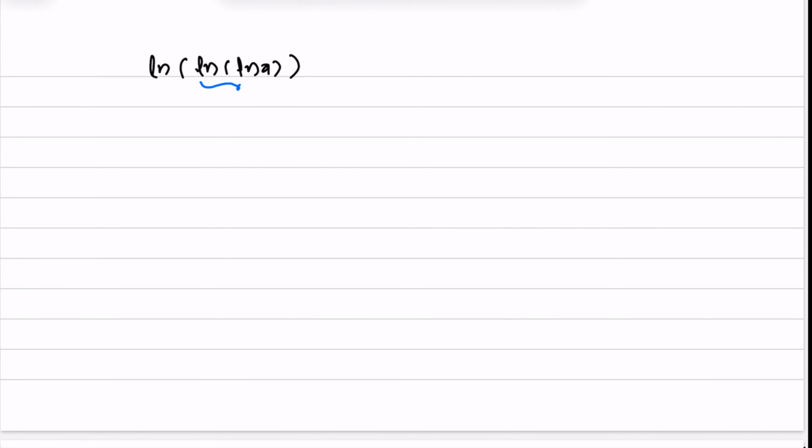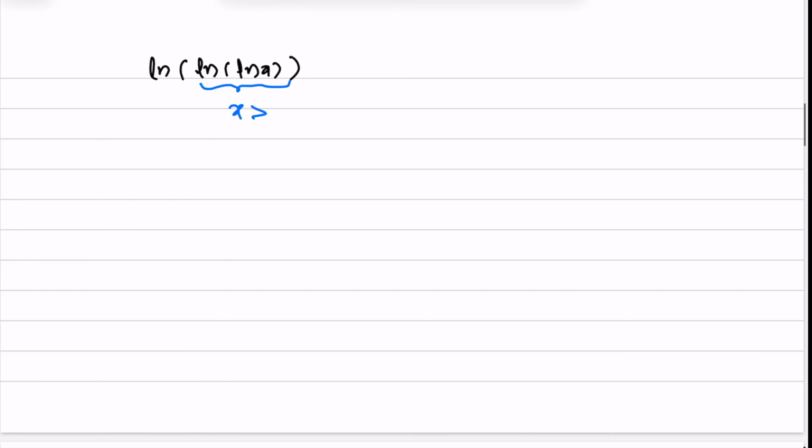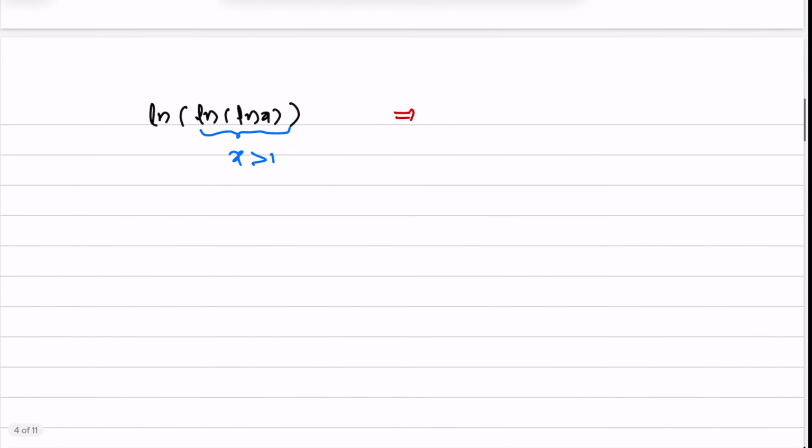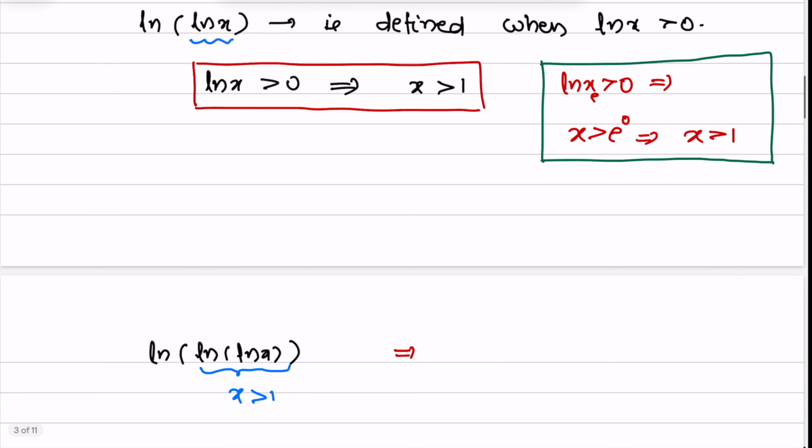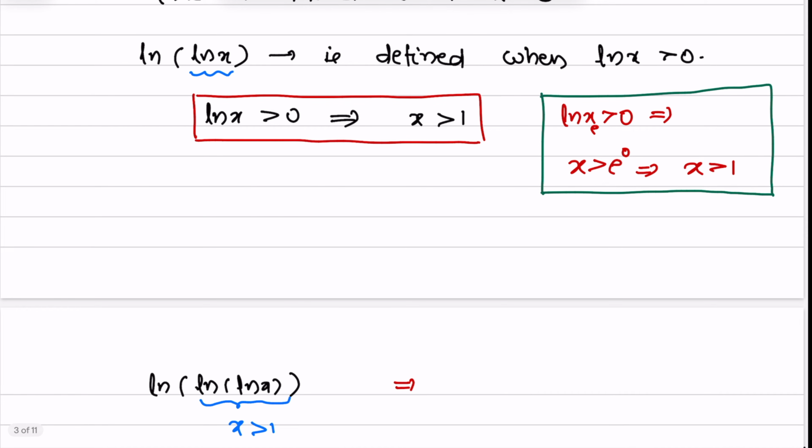This value is defined when x is greater than 1. That means ln of ln x is defined when x is greater than 1.